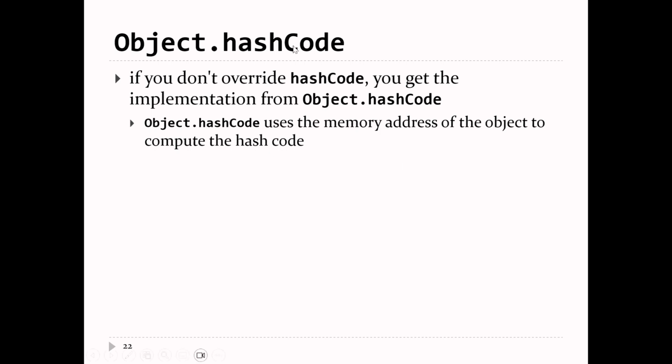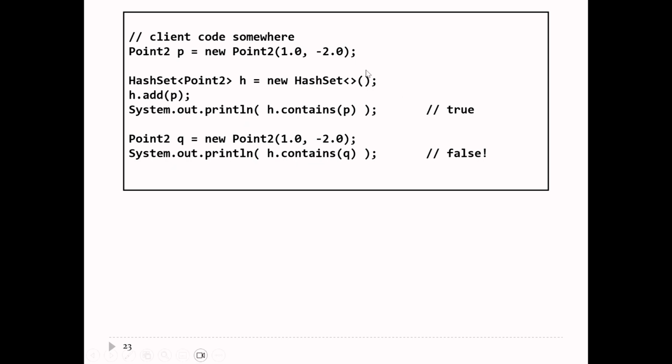All of this relies on you implementing hashCode though. If you implement a class and you override equals, you now have to override hashCode. The reason is that if you don't, you get the Object version of hashCode, which uses the memory address of the object as its hashCode. So here, P is a new point object, and Q is a new point object.